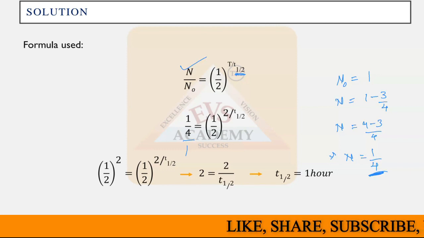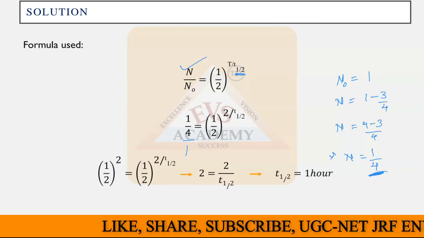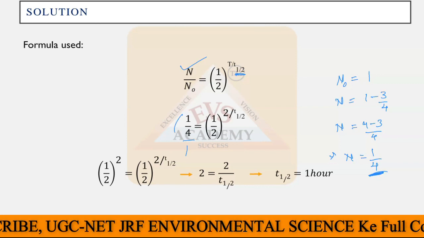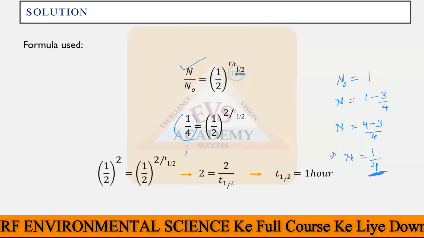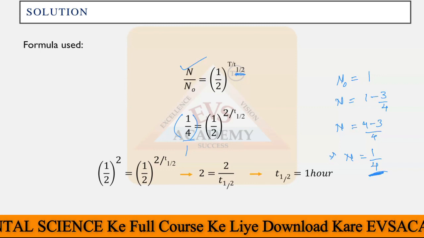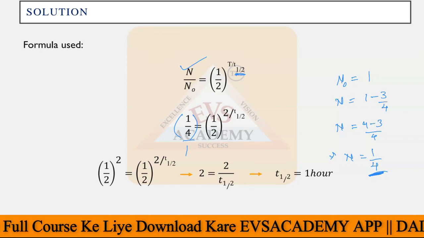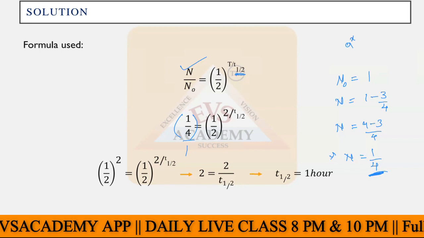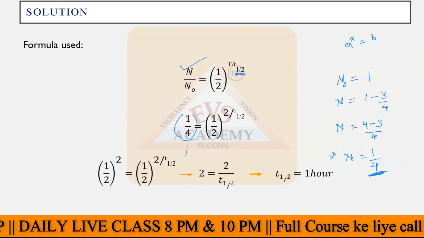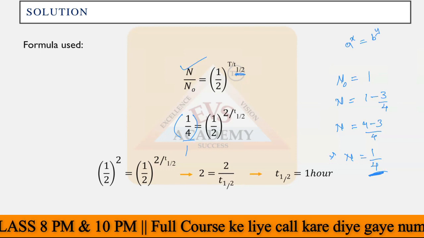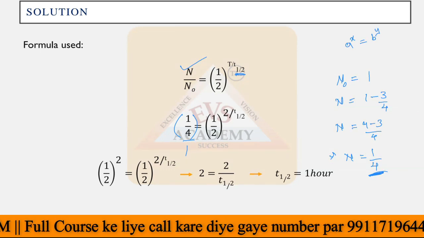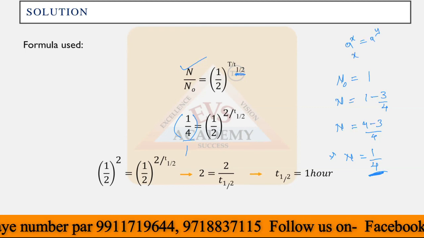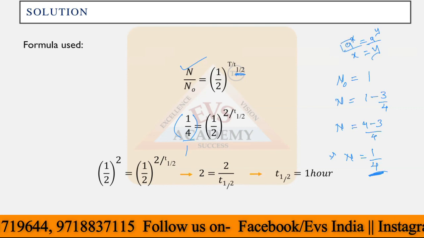That is equal to 1 by 2 to the power 2, where 2 is the total time, 2 hours, divided by T half. 1 by 2 squared is 1 by 4, so I can write 1 by 4 like this, and 1 by 2 squared is equal to 1 by 2 to the power 2 divided by T half. There is a rule in maths: if a to the power x equals a to the power y, then x equals y, because the bases are the same in both.